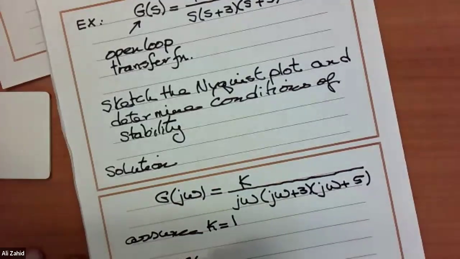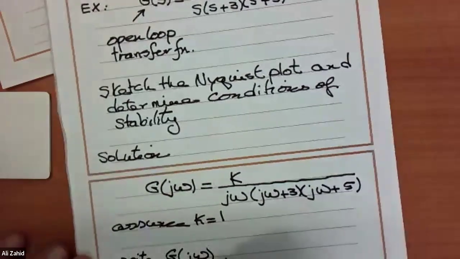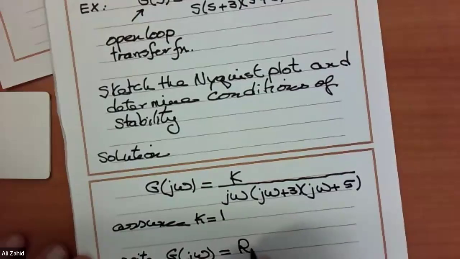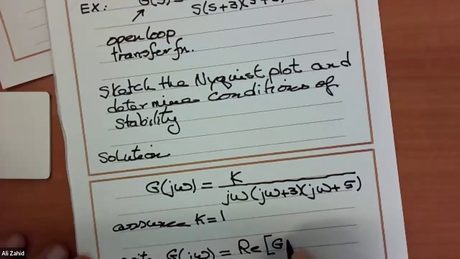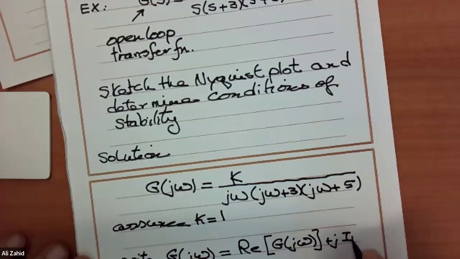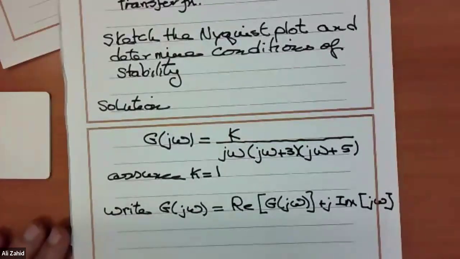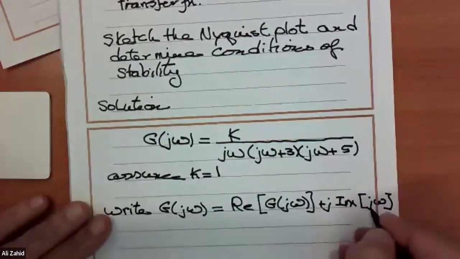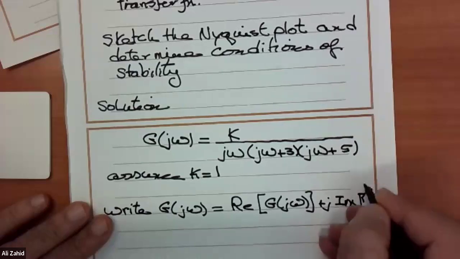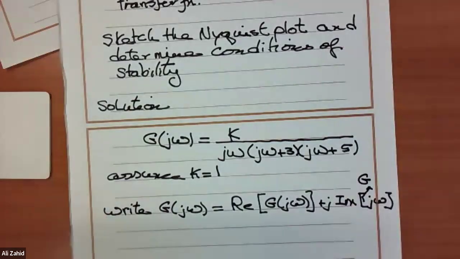G of j omega is what? The real value of G of j omega plus j times the imaginary value of G of j omega.